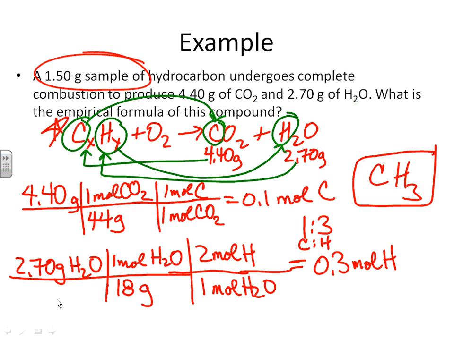We can't do anything with that because we don't have the formula for the hydrocarbon to begin with. We do, though, know much more about the CO2 and the H2O, so that's why we're working with those numbers, and not this 1.5 gram sample at all. I will add that if we combusted not a hydrocarbon, but a compound that contains carbon, hydrogen, and oxygen, which is a very common type of compound, then the mass of the unknown compound would start to come into play, but that's not the type of problem that we have here.